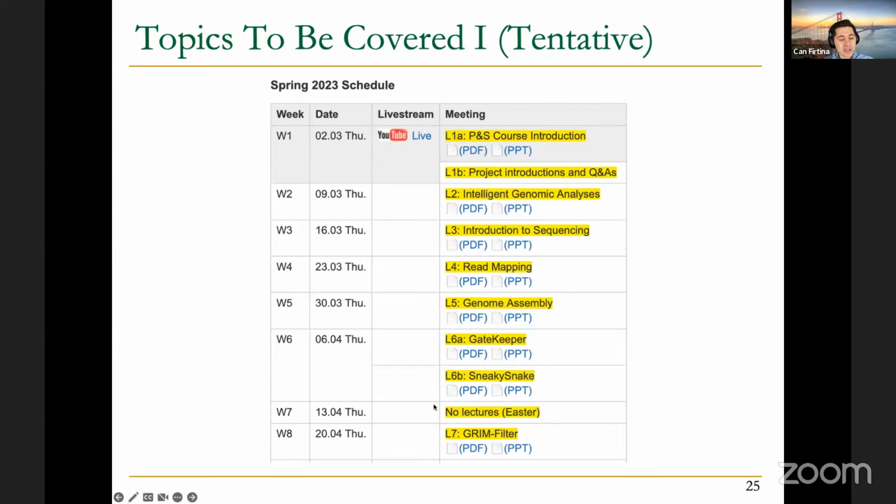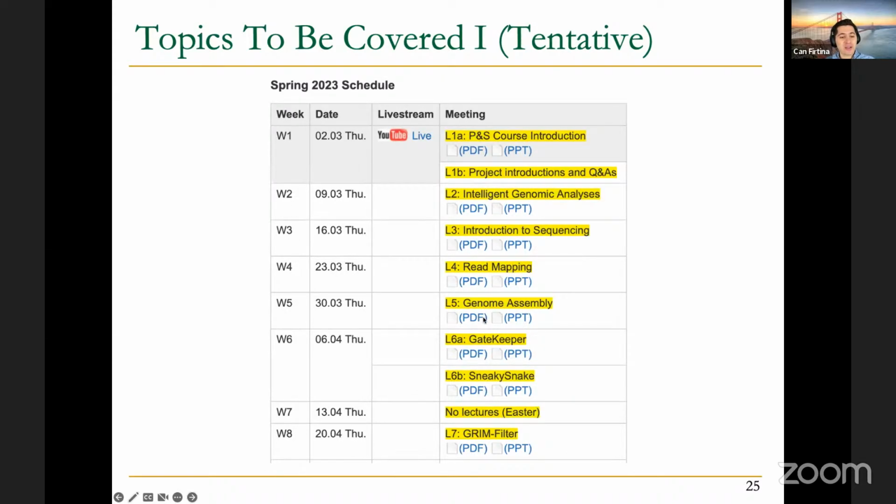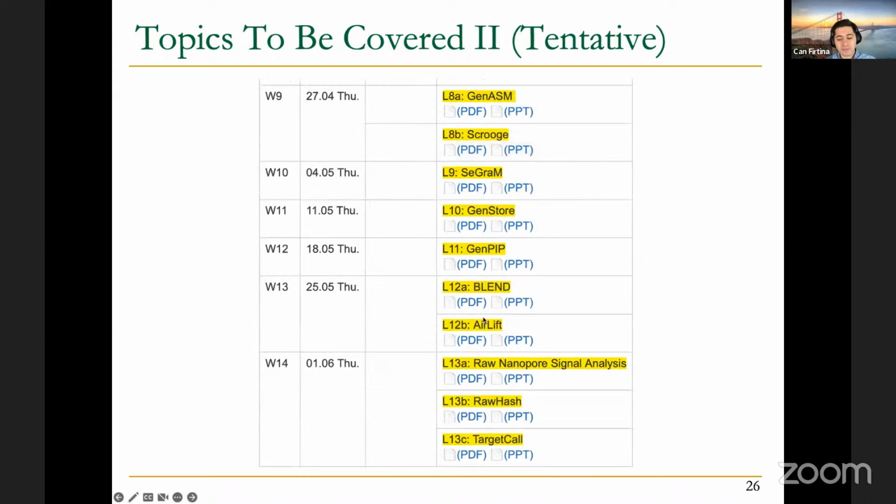And in the later lectures, we're going to be going a little bit more specific, talking about solutions to address the important problems in one of the steps that we cover in the early weeks, right? So we're going to be talking about the papers or works published by our group, and perhaps other groups, so that you can learn what the state of the art is in the field.